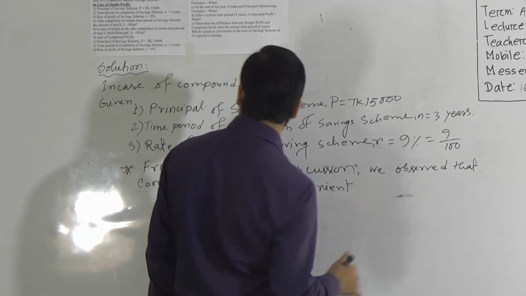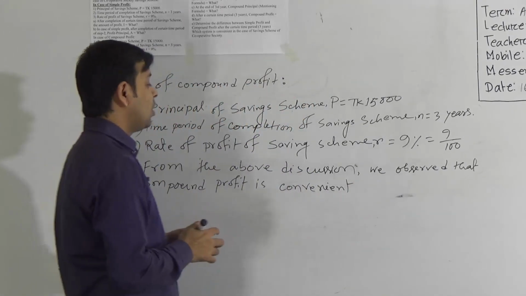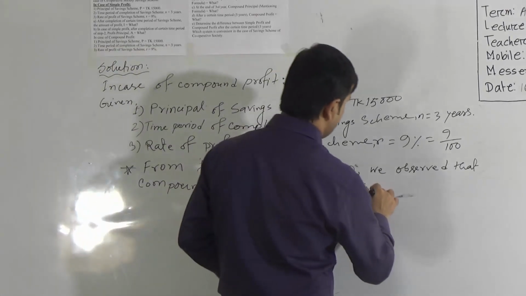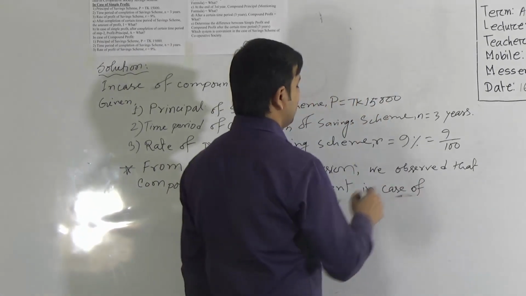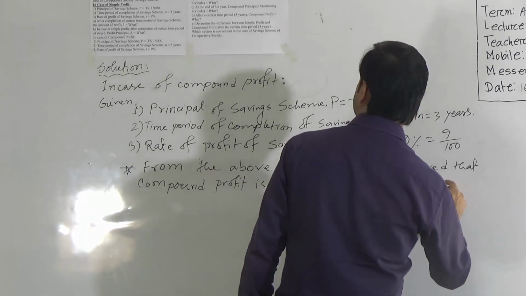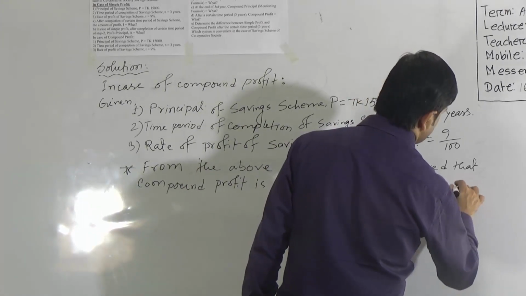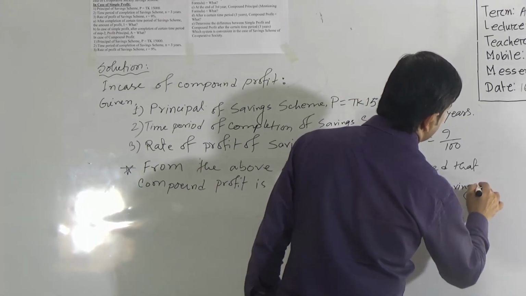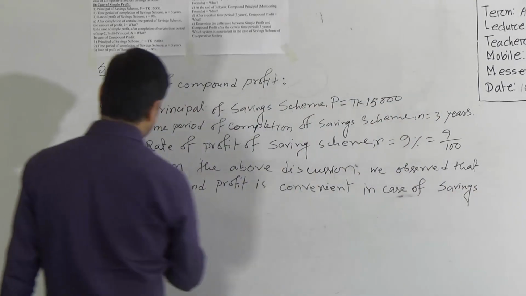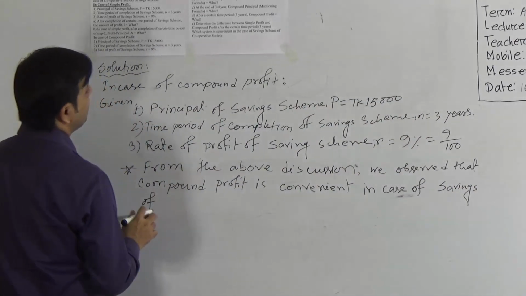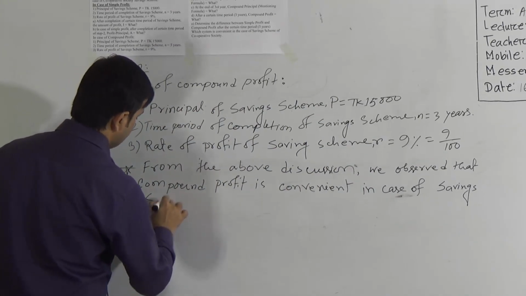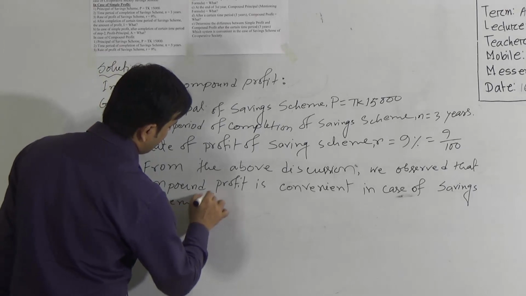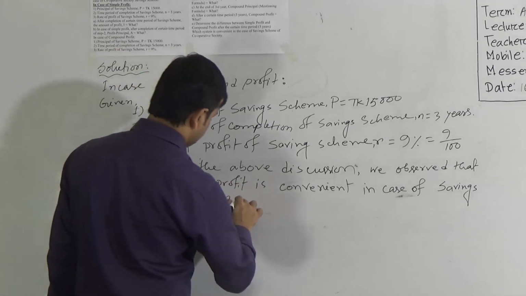Compound profit is convenient in case of the savings scheme of a cooperative society.